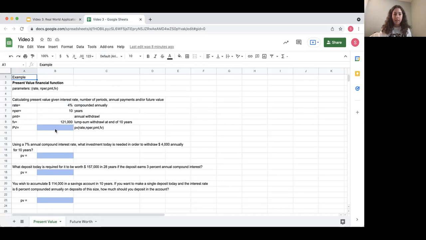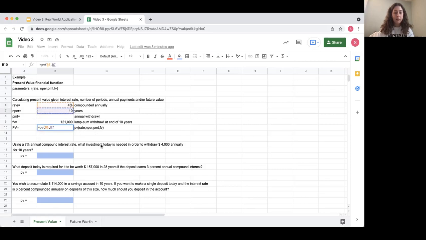We're not given a payment, so that doesn't matter. And you want to get out 121,000 at the end of your 10 years. So to do present value, do equals PV, open parentheses, and then 4%. I'm just going to click the cells this time. And then the number of periods, which is 10.